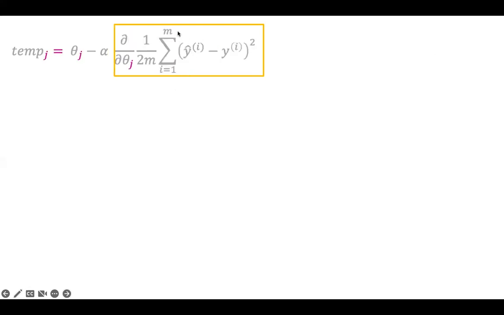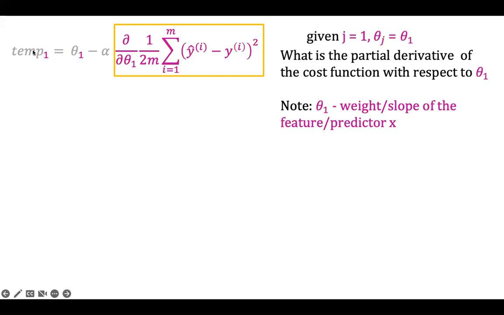And what if j is equal to 1? That means theta j is equal to theta 1. This refers to the weight, or the slope, of the corresponding feature x.